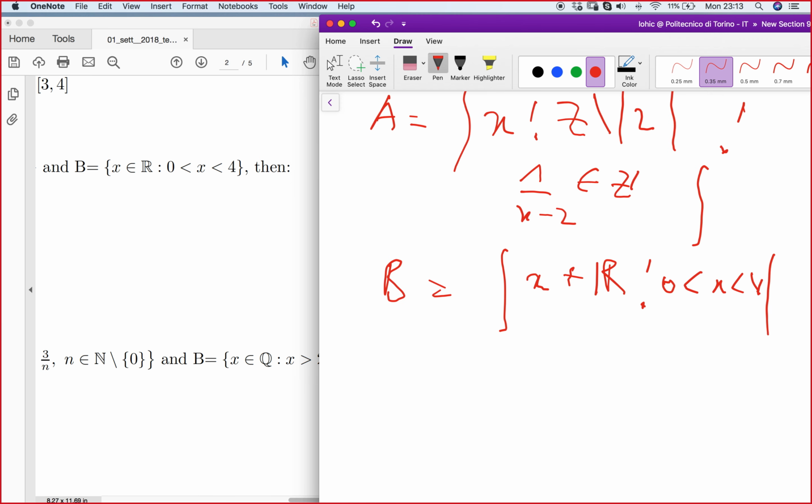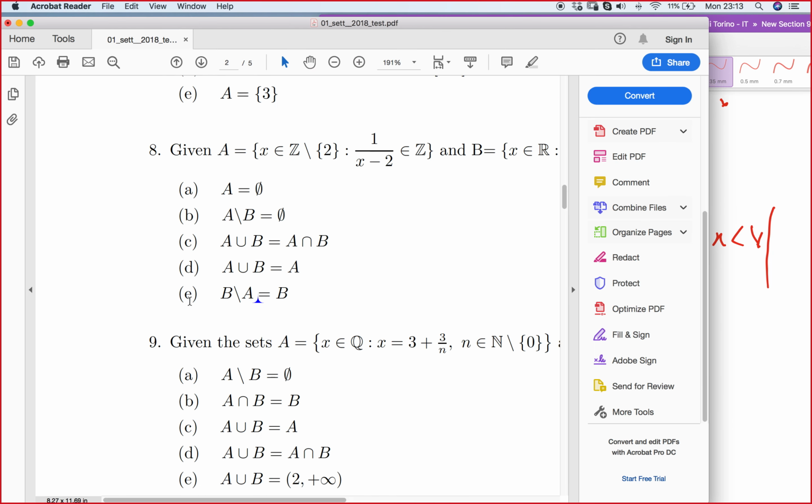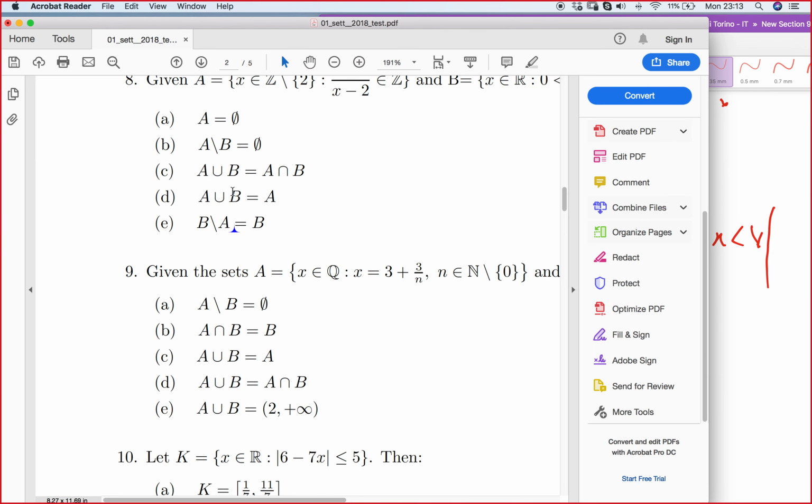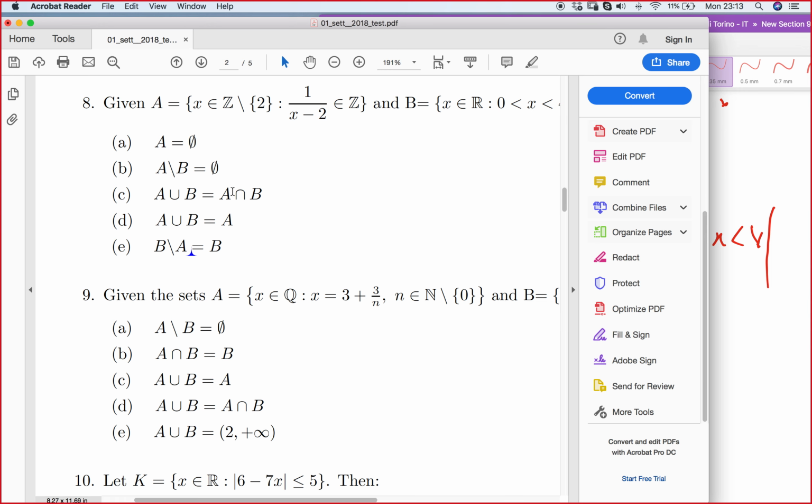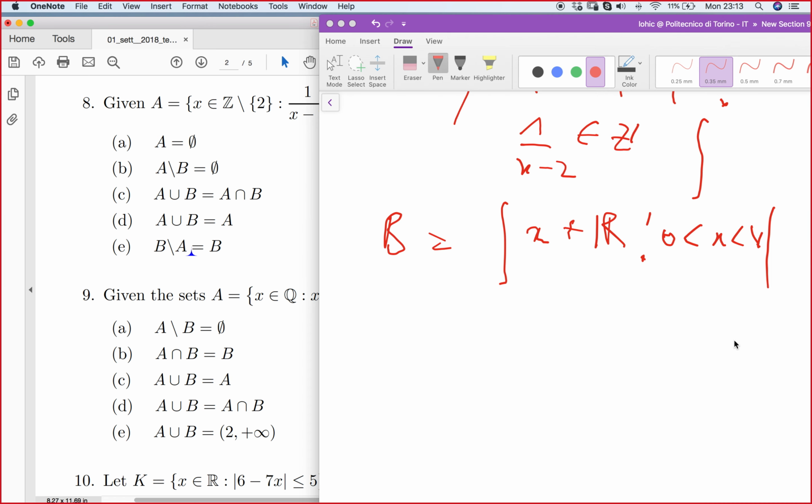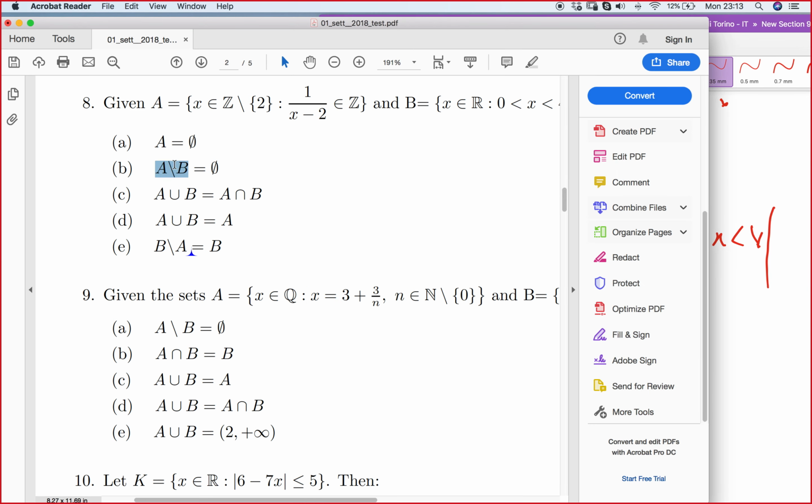Okay, nice. These are the two sets, and then you have some proposals, that A is equal to the empty set, A minus B is empty. So do you know what is A minus B and B minus A? What does it mean, A minus B? It means that you take the elements of A and remove from them the elements that also belong to B, right?